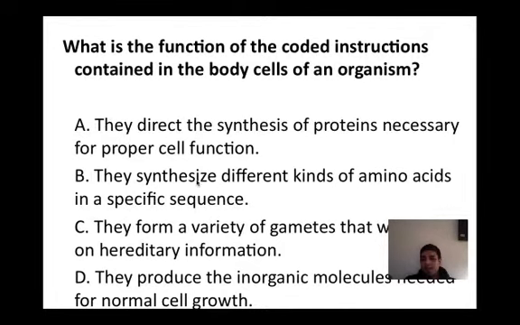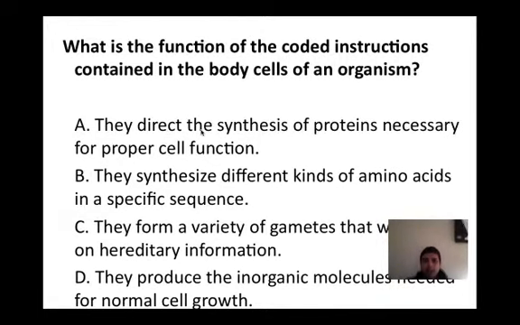Let's look at B. They synthesize different kinds of amino acids in a specific sequence. That's not a bad answer. So we'll come back to that. Let's look at A. They direct the synthesis of proteins necessary for proper cell function. Also, not a bad answer.